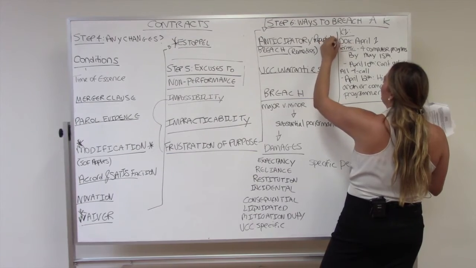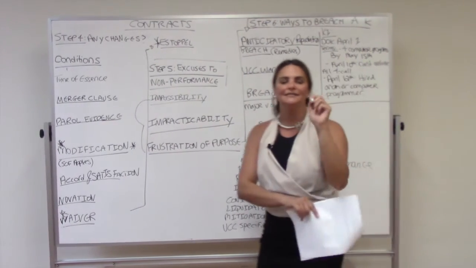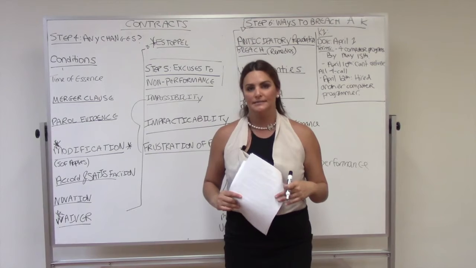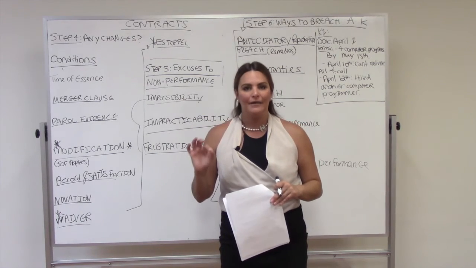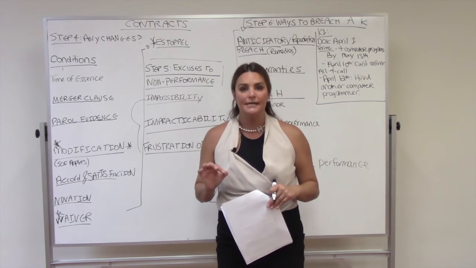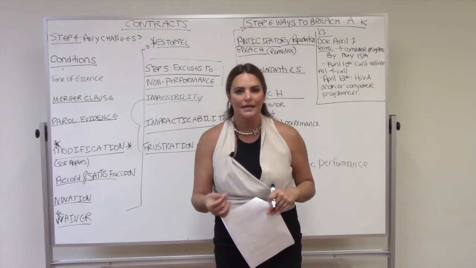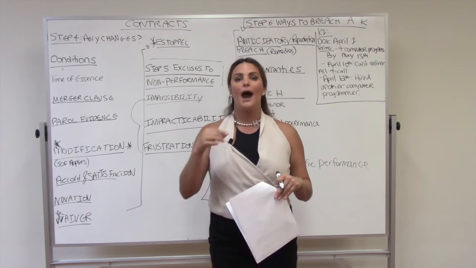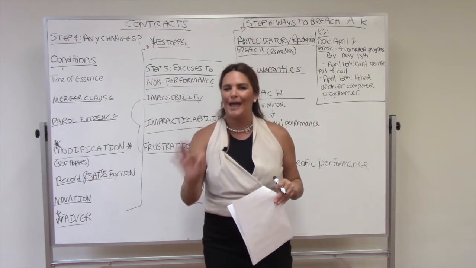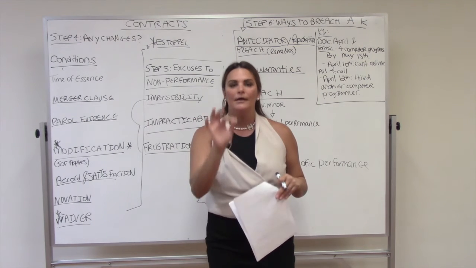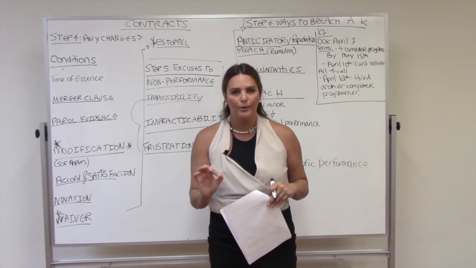This is a major, major issue, and I can't tell you how many applicants miss this issue. Anytime in the fact pattern that you see a party that is communicating in some form or another, I might not perform, I may not perform, then you want to bring up anticipatory repudiation.